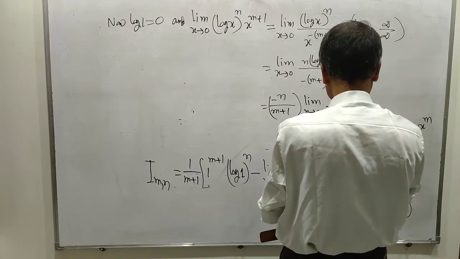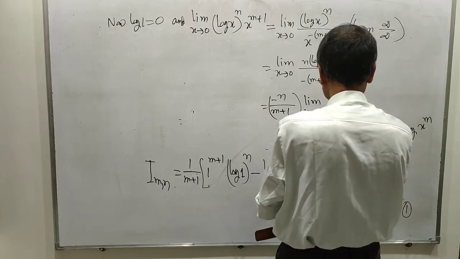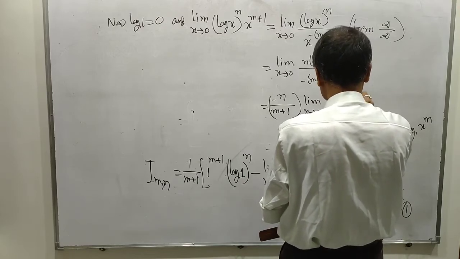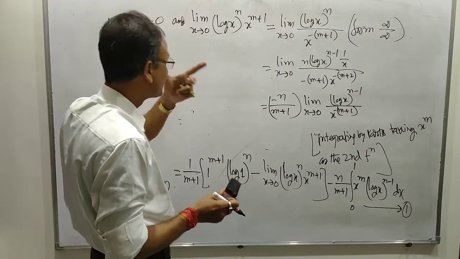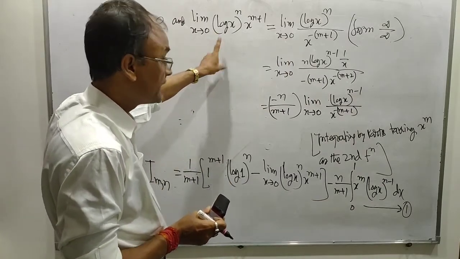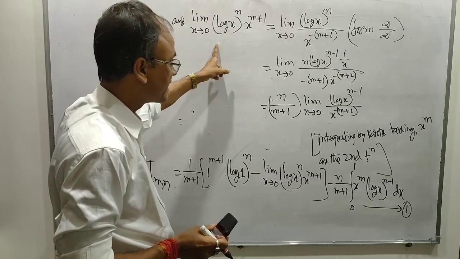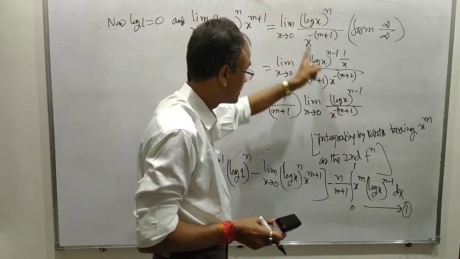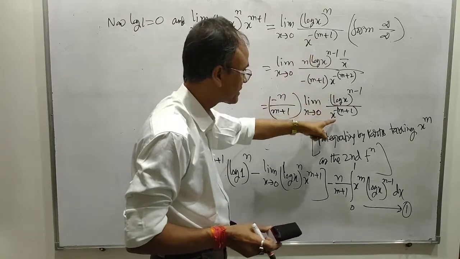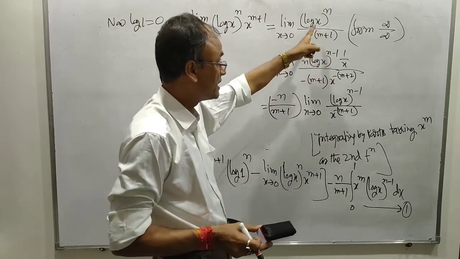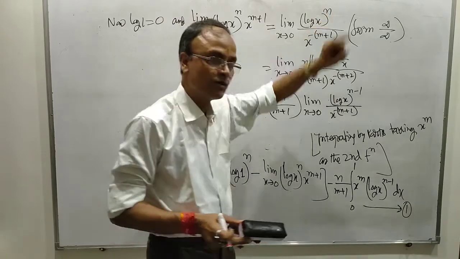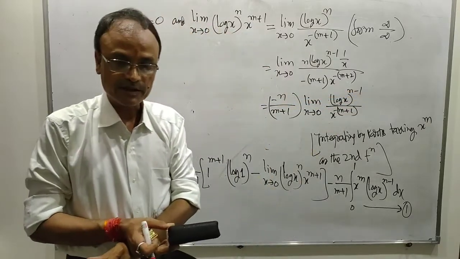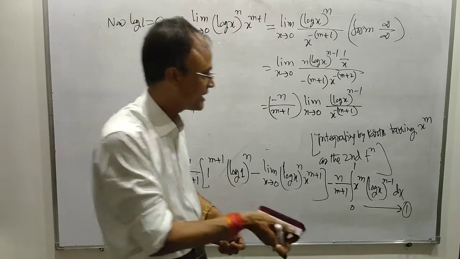You will get here x^(-(m+1)) and (log x)^(n-1). Perhaps you have seen that in the denominator there is no change, x to the power minus (m+1). Only in place of (log x)^n, you have got (log x)^(n-1).